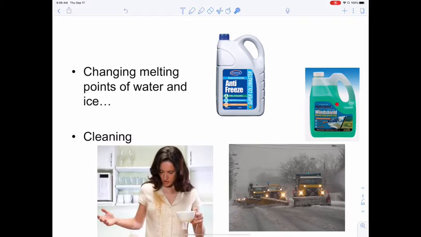And if you were going to use your windscreen wipers in the winter, you would want to make sure that they didn't ice over. So you would need to add something to the water in the windscreen wiper fluid that was soluble in water, because if you just poured some oil in there, it wouldn't work. And so it's important to realize that these physical characteristics are all related to a property called intermolecular forces.